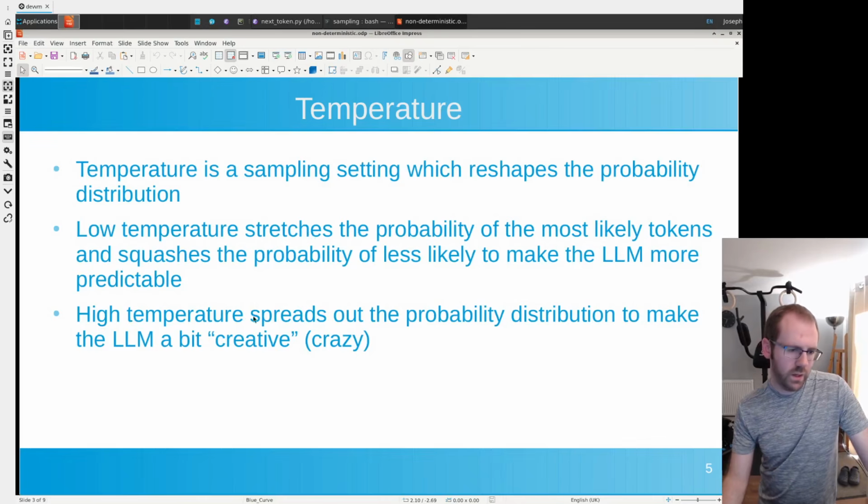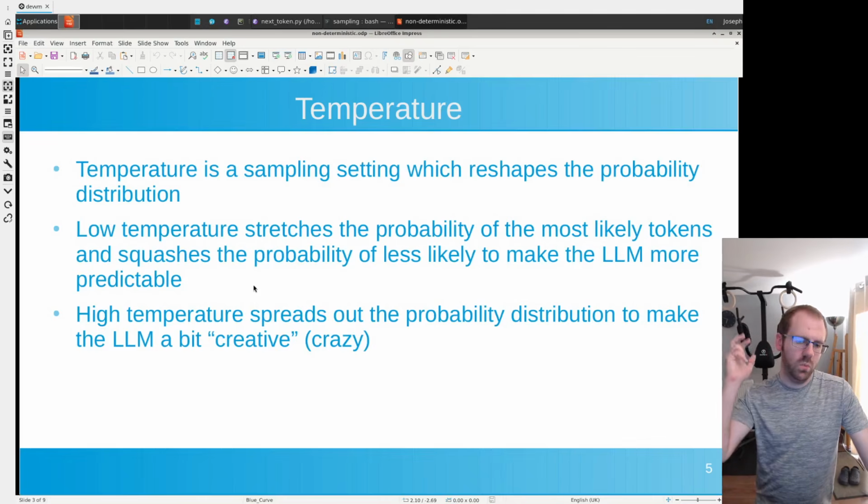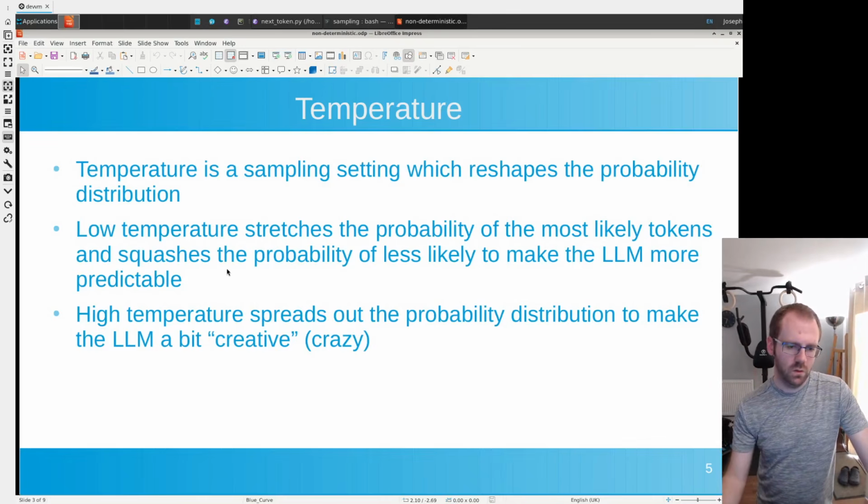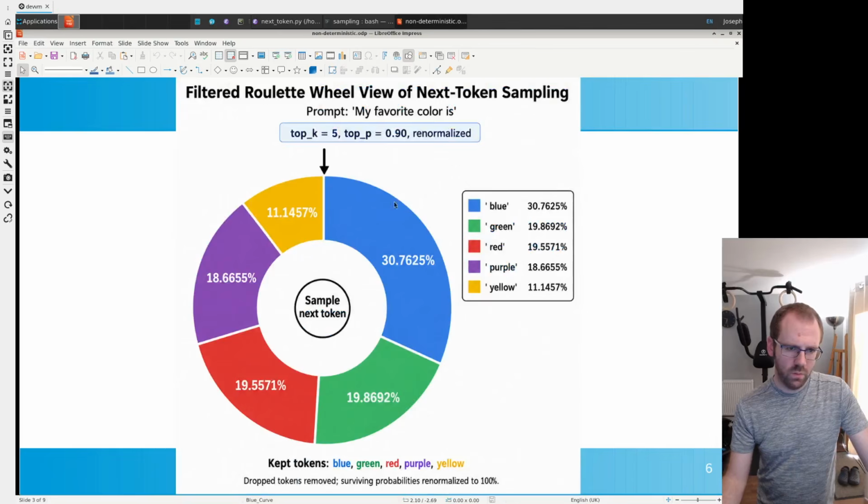If you set the temperature higher, people say that it makes the LLM more creative, but you're kind of just making it lose its mind, to be honest. So I think I made some pictures. This is the slide I showed you earlier with the roulette wheel for "my favorite color is".